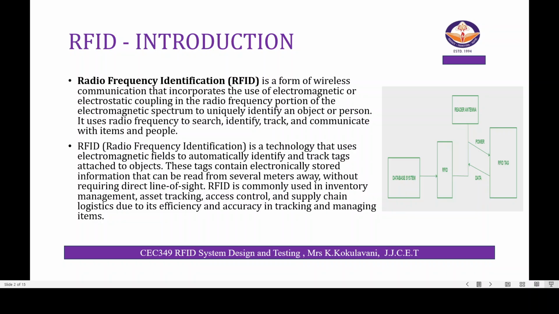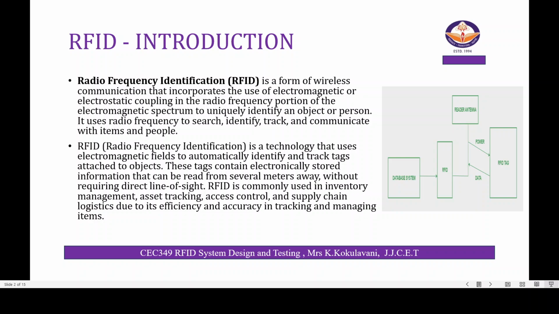These tags contain electronically stored information that can be read from several meters away without requiring direct line of sight. RFID is commonly used in inventory management, asset tracking, access control, and supply chain logistics due to its efficiency and accuracy in tracking and managing items.